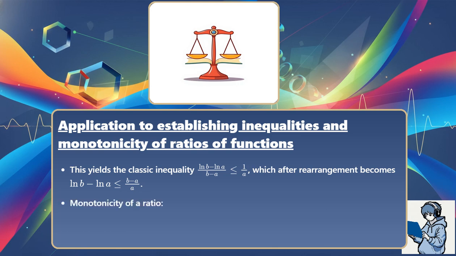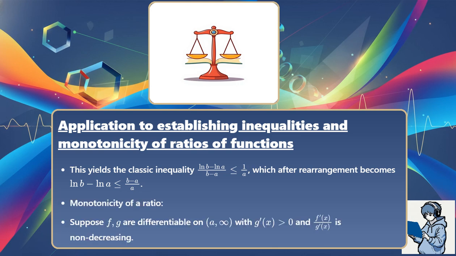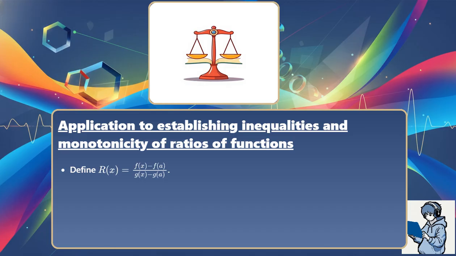Monotonicity of a ratio: suppose f and g are differentiable on the interval from a to infinity with g prime of x greater than 0, and the ratio f prime of x divided by g prime of x is non-decreasing. Define r of x equals f of x minus f of a divided by g of x minus g of a.